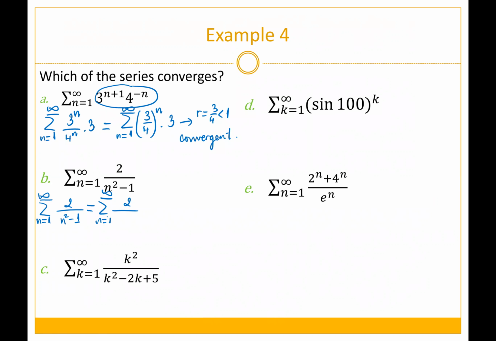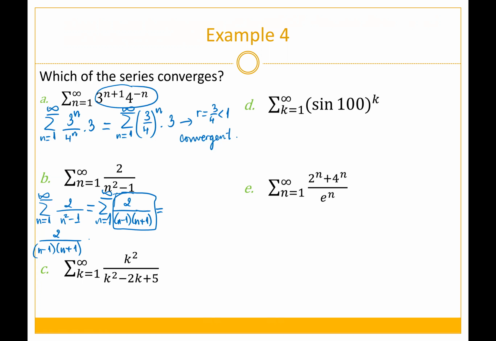Anyway, you're gonna continue to factor the denominator here. So it's n minus 1 multiplied by n plus 1. Now this one is where you try to use partial fractions. You put this into two fractions. Then you have 2 over n minus 1 times n plus 1.